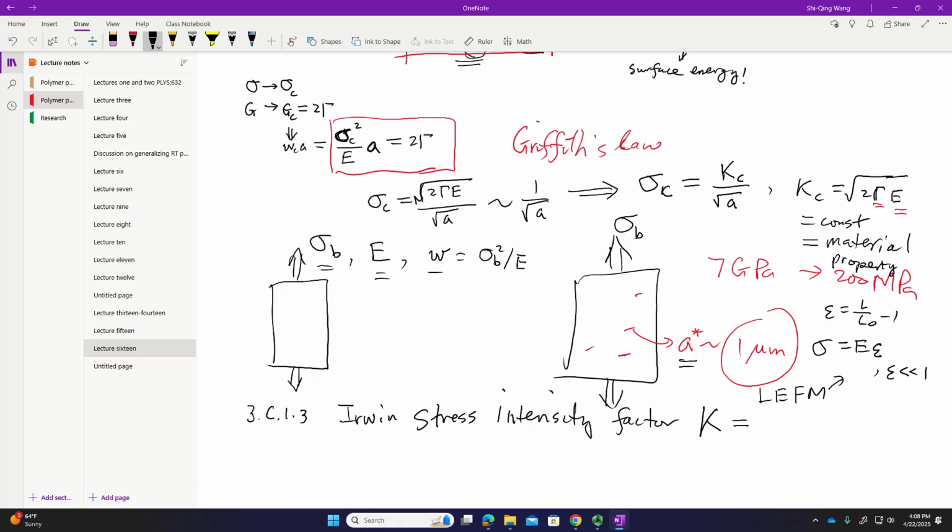This K is nothing but Young's modulus times G. Oh, if you want the factor of 2, that's the factor of 2 because... So what I'm trying to say is, when K becomes Kc, that's when G becomes 2 gamma, and then of course I recover my formula of 2 gamma E, which is what I had here for you.